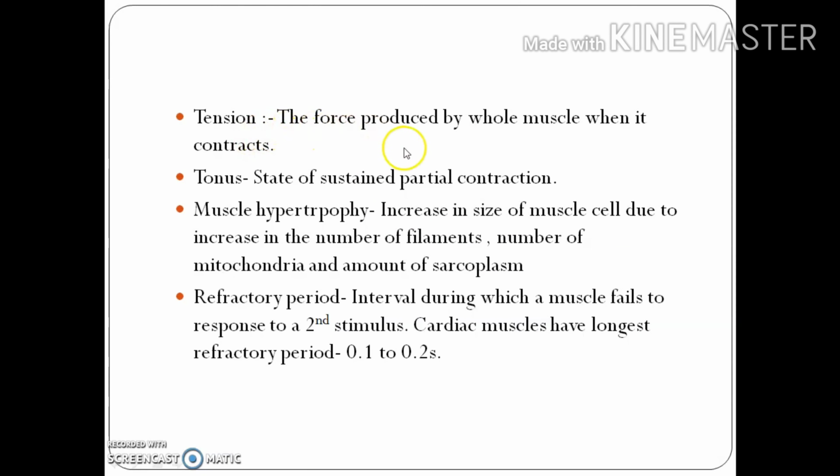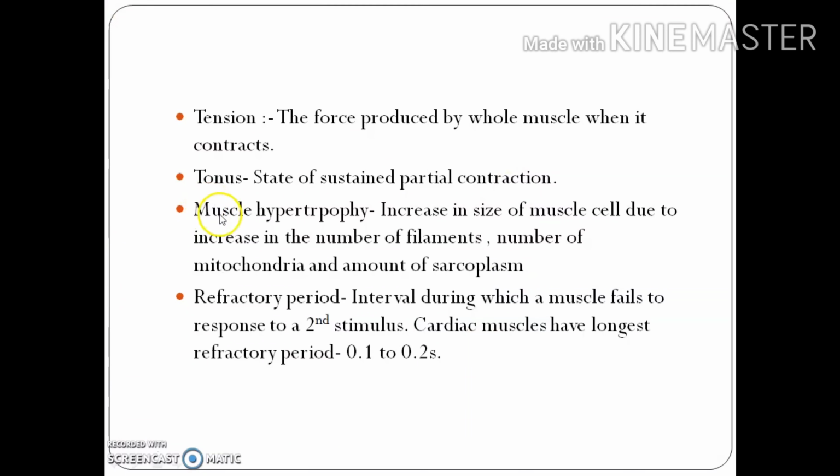Next, we'll look at some definitions. Tension is the force produced by the whole muscle when it contracts. Then muscle tonus is a state of sustained partial contraction. What does this mean? Even if you are in a relaxed state, standing at a place, your muscles are in a slightly or partially contracted state.